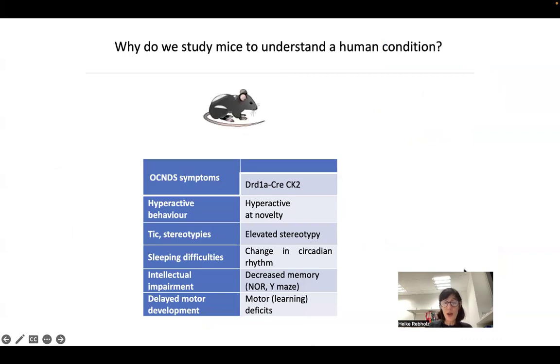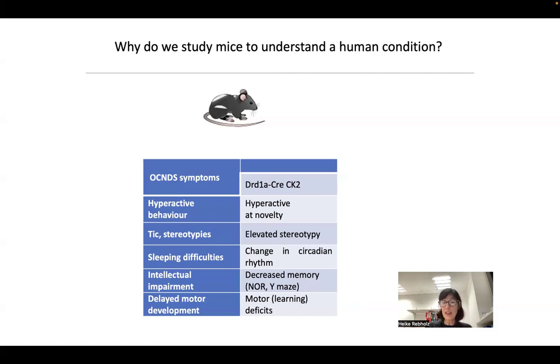Well, we already knew from earlier studies that when we knock out CK2 in certain brain cells of the mouse, we get behaviors that are reminiscent, at least in part, of behaviors that we see in patients with OCNDS. For example, that could involve the tics or the stereotypies, that could involve hyperactivity of those mice, that could involve learning and cognitive defects that we've detected in those mice, or changes in circadian rhythm that could maybe be translatable to difficulties in sleeping, and so on.